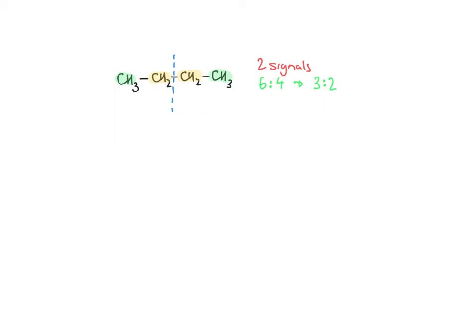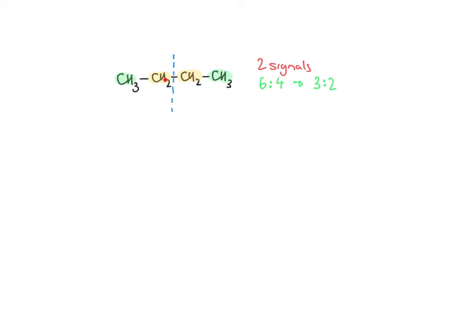So if we're looking at the green signal, what we have to do is look at what's adjacent to that environment and count the number of hydrogens attached to either a carbon or a nitrogen that are adjacent to that environment. So looking at the methyl group here, adjacent to that environment is the CH2 environment. The same from here, that's why they're equivalent.